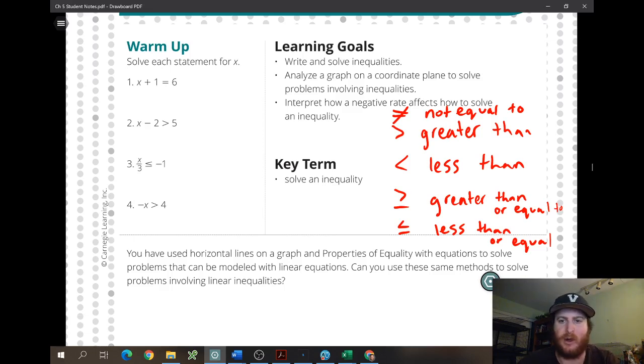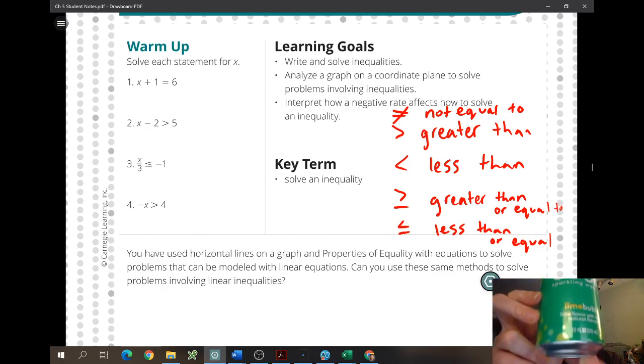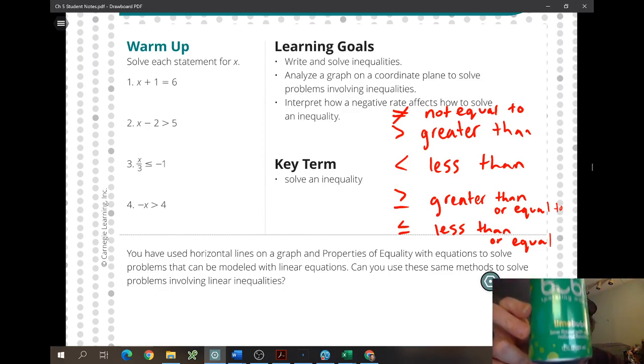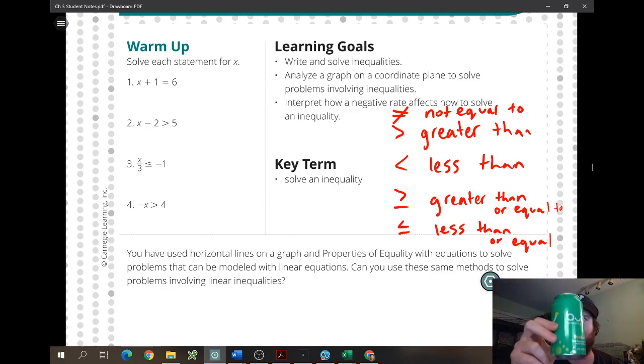Okay, and so what I'm going to illustrate here is if I have this can of bubbly water, it has about 12 fluid ounces, so it says 12 fluid ounces, right? We don't know how much water is in here. It could be completely full, with a full 12 ounces, or there could be 0 ounces.